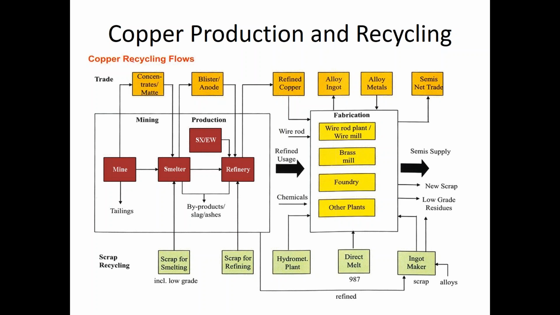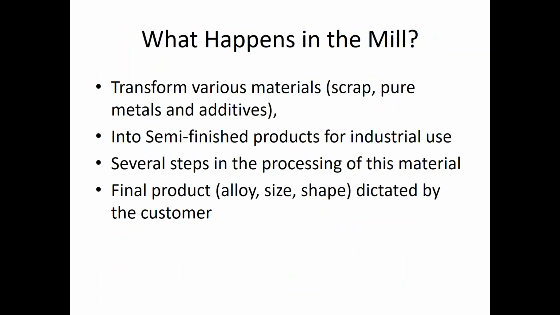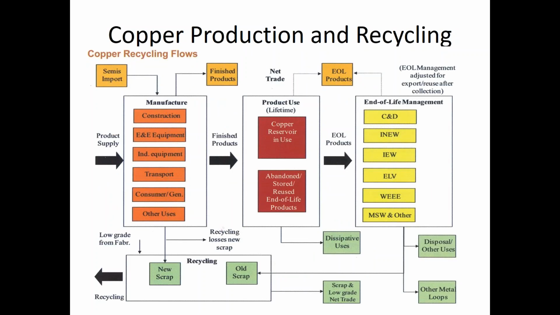Some of them make shapes directly. And these semis or semi-finished products are then sent on to the orange boxes where they're put into construction, electrical and electronic equipment, and various other consumer and manufactured goods areas.